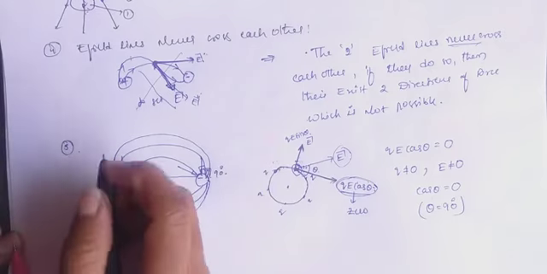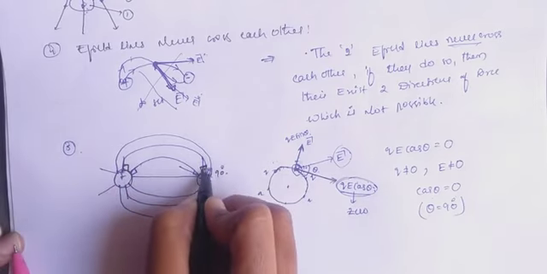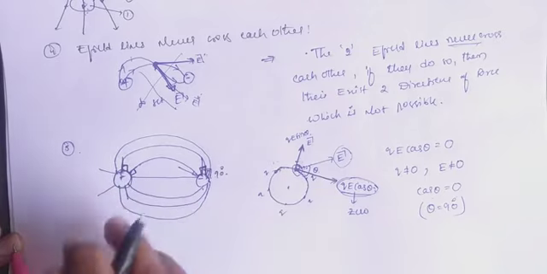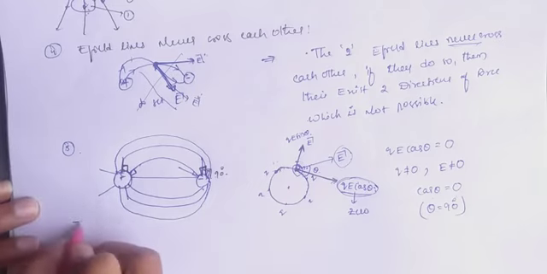That's why the field starting point makes 90 degrees, and the ending terminated point also makes 90 degrees with the negative charge, and the starting point also makes 90 degrees with the positive charge.